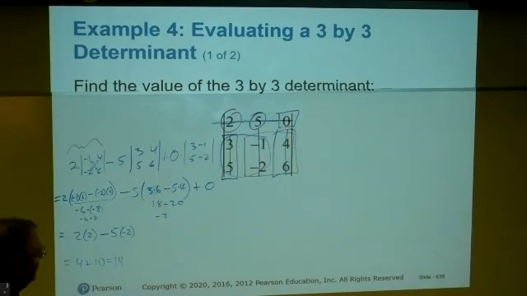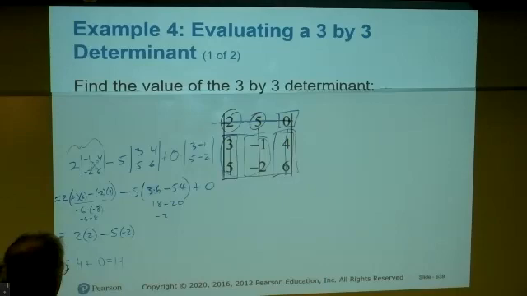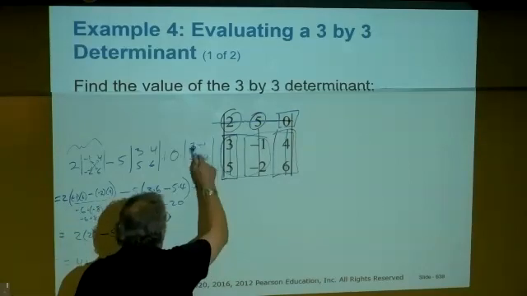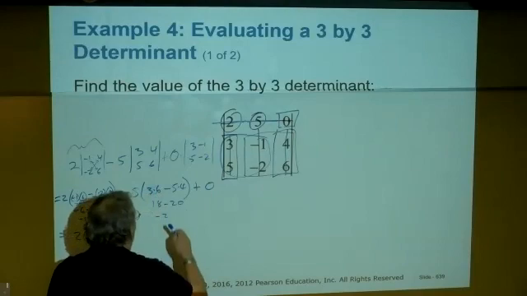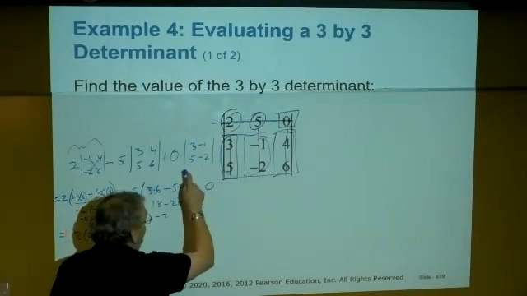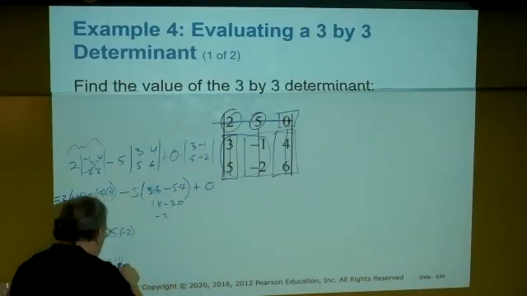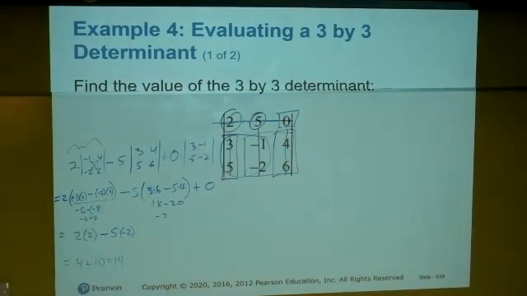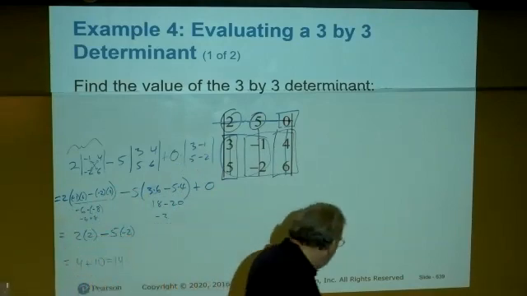If that was a -8, then this would have been 22 instead of 14, because this determinant here is a -1, and -8 times -1 is a +8, so it would add 8 to the 14. But anyway, that's how they do this.